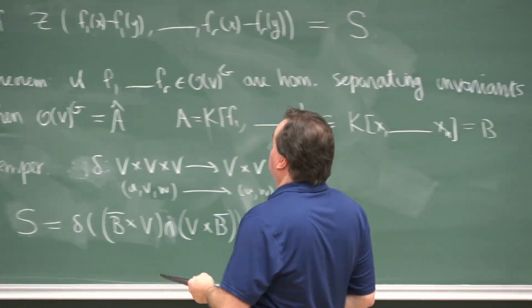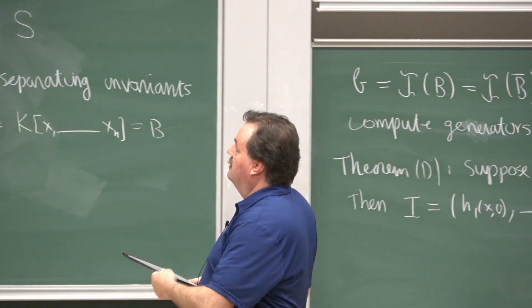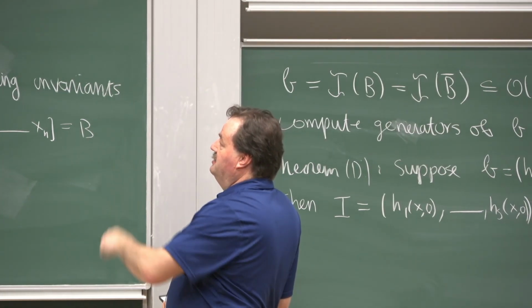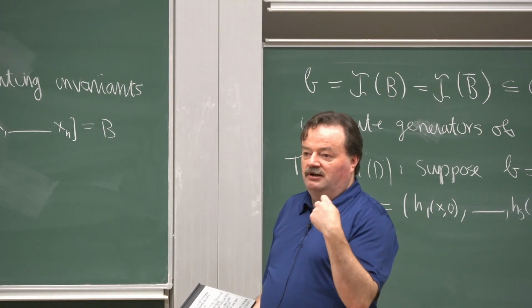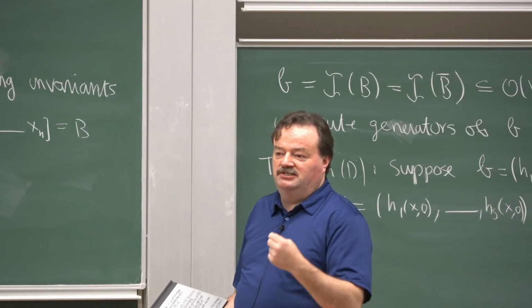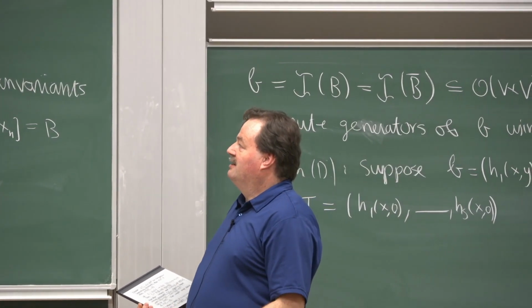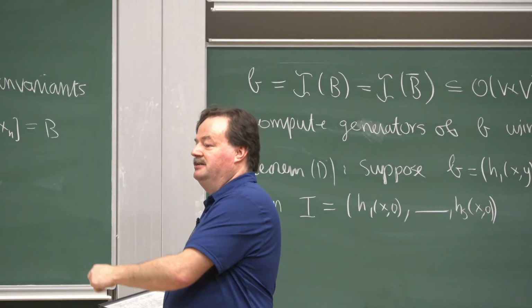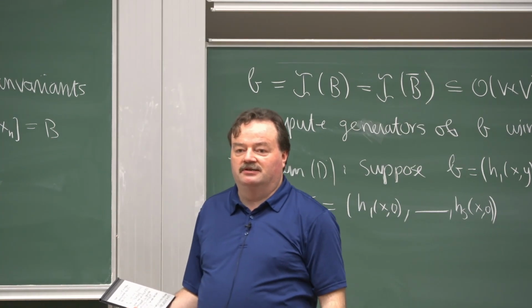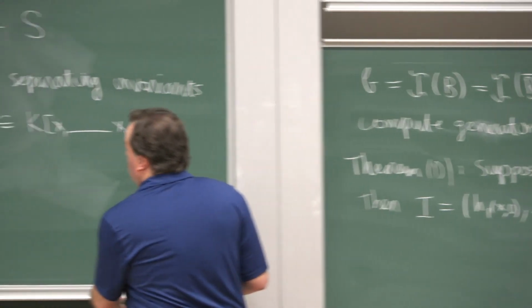So then we have some equations that define S, and we have these generators. And then you have to check whether the radicals of these two ideals are the same, but you don't actually compute the radical ideals. There's a better way of doing it, because you can always check whether some polynomial lies in the radical of another ideal without actually computing the radical ideal. It's just one Gröbner basis computation.